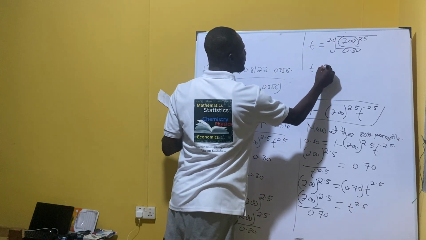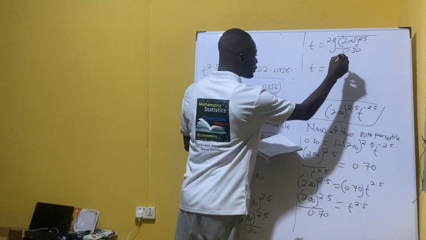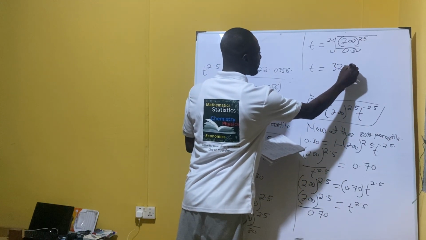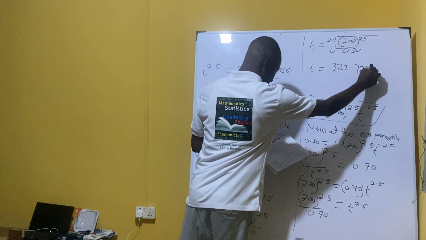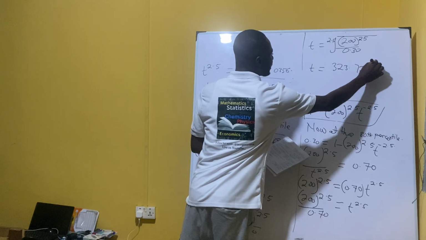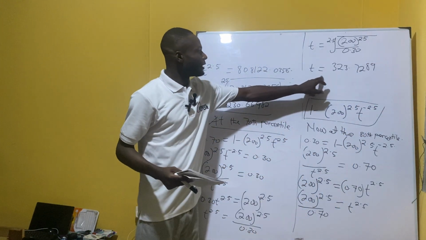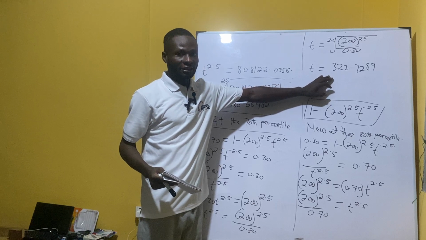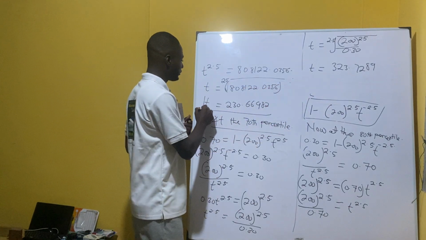So we have t should be equal to 323.7289. So this is the 70th percentile, and this is the 30th percentile.